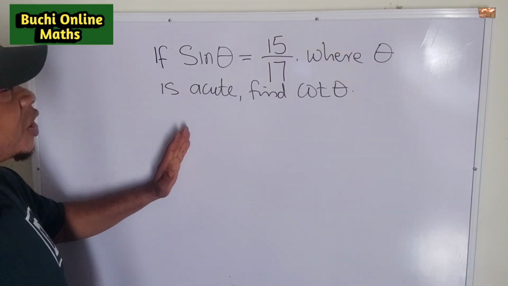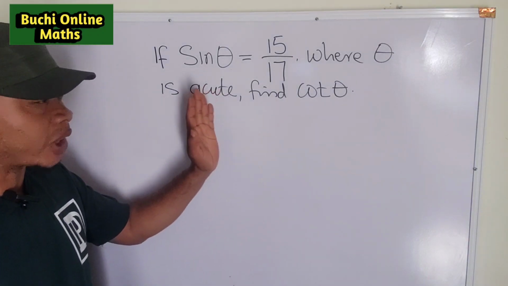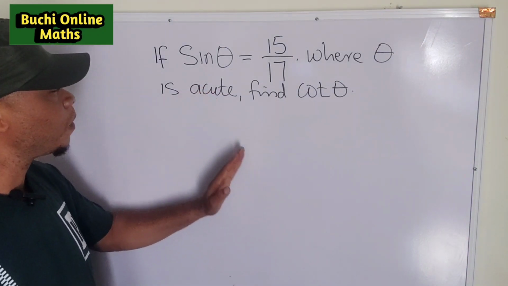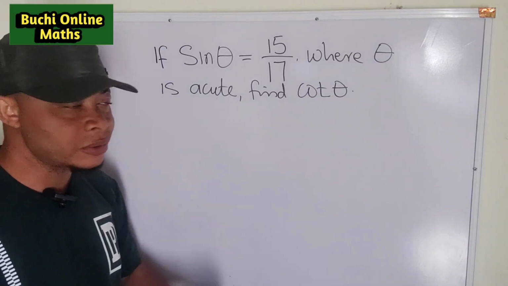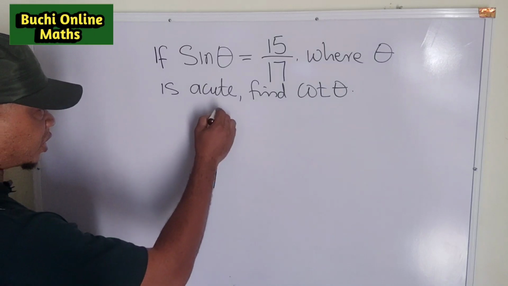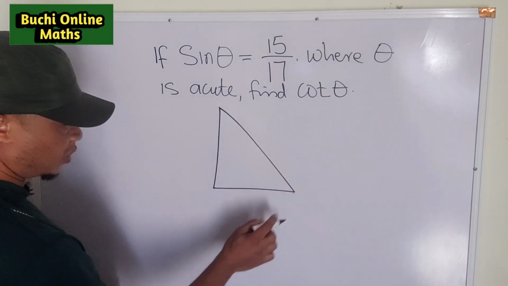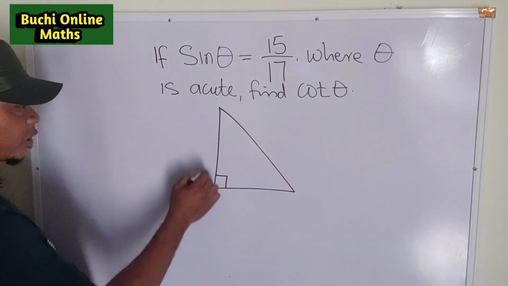Okay, first thing you need to do is to draw a right angled triangle. Anytime you want to answer this type of question, draw a right angled triangle. So we have our right angled triangle like this, with the right angle at this point.